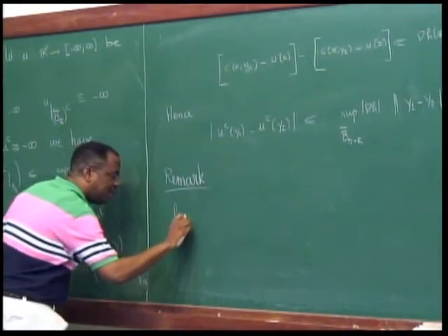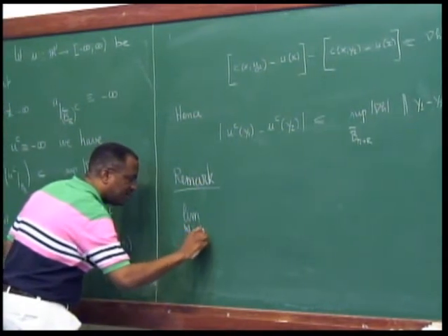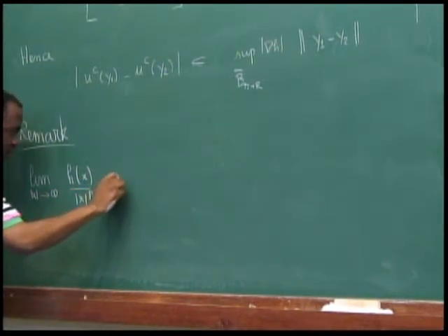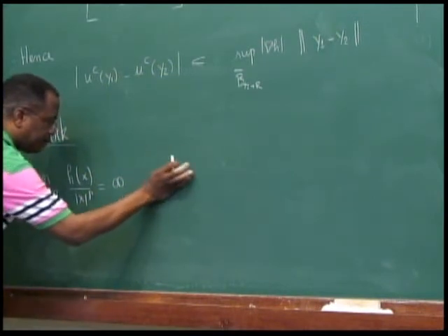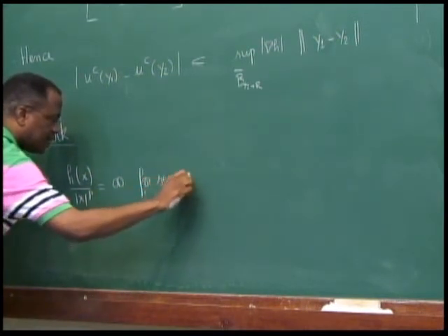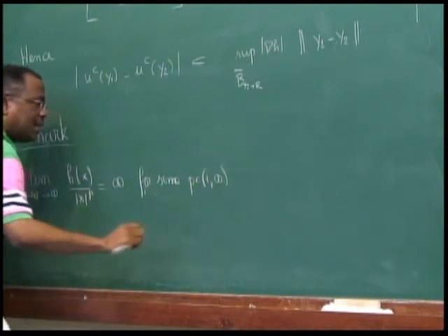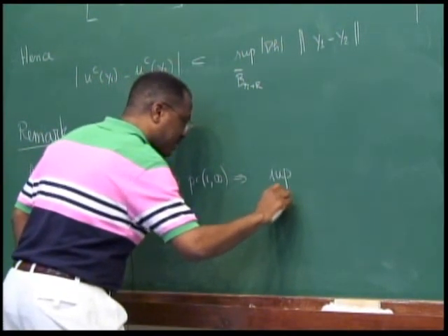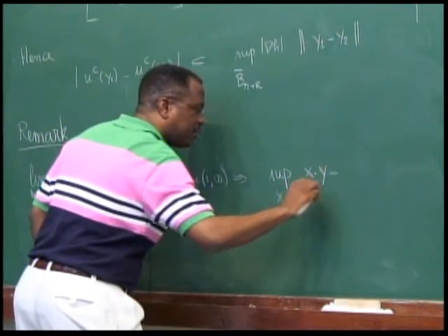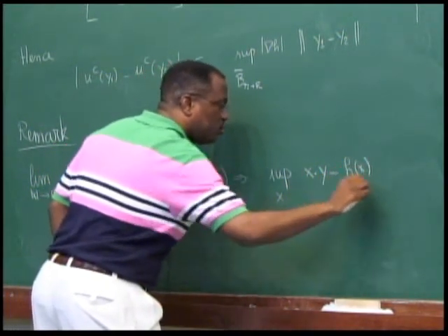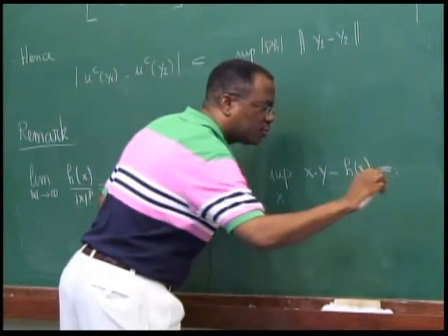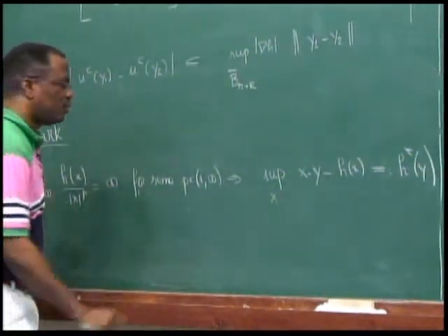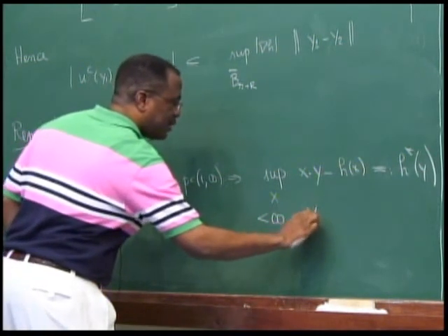The fact that the limit as x goes to infinity of h of x divided by the norm of x to the power p equals infinity, for some p in 1 to infinity, implies that the supremum over x of xy minus h of x, which is what is called the Legendre transform, which Vladimir was referring to, is less than infinity for every y.